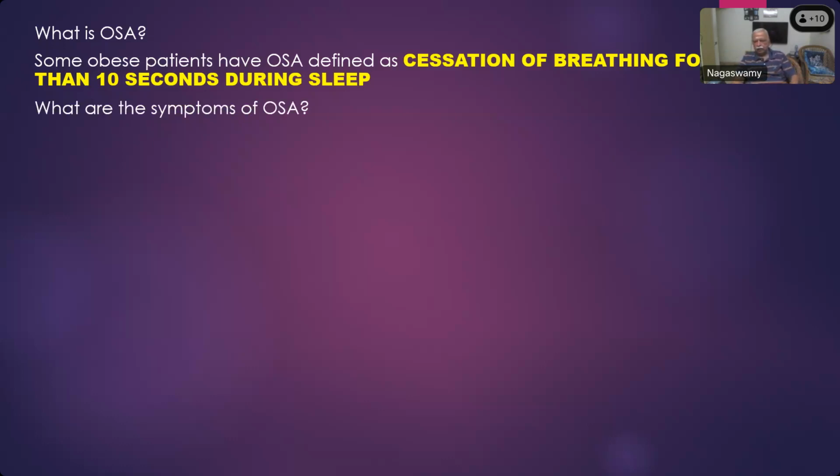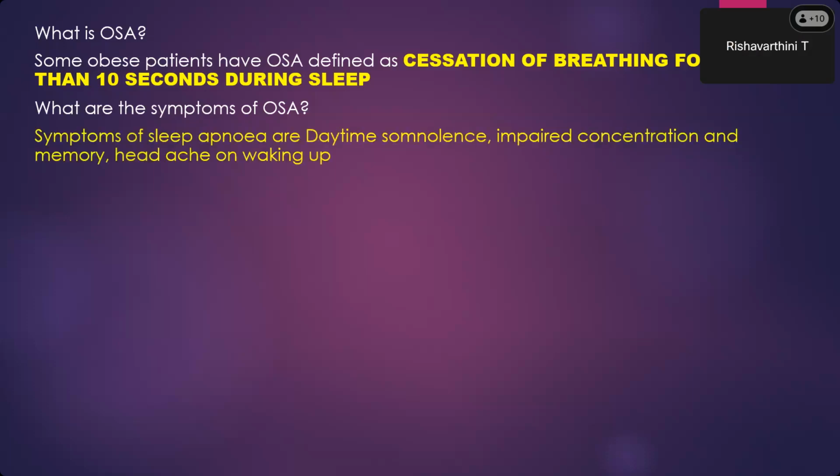What are the symptoms of OSA? What symptoms will a patient who knows that he is having OSA be able to describe to you? Loud snoring, unrefreshing sleep in the morning, sleep disturbance, and tiredness in the morning. Daytime somnolence, that is a very important part of it. Daytime somnolence, impaired concentration and memory, headache on waking up.